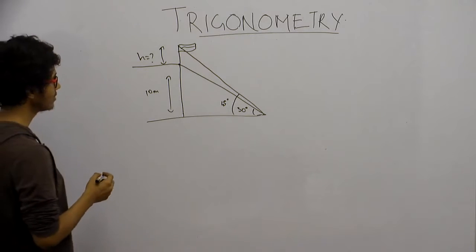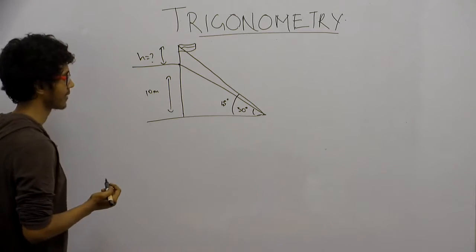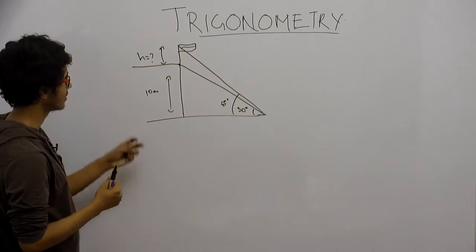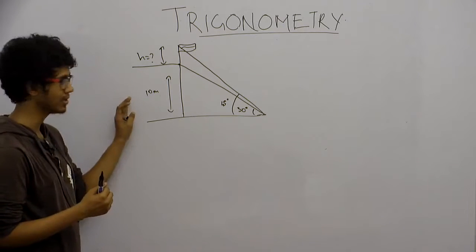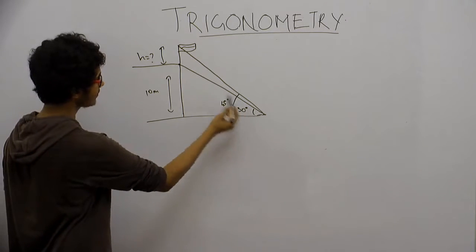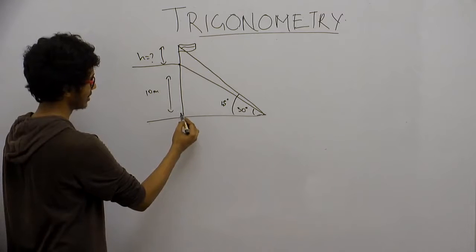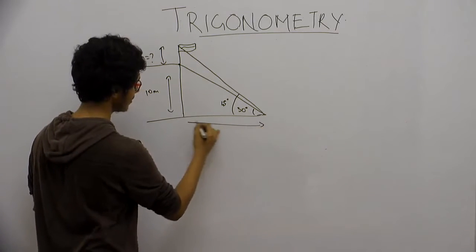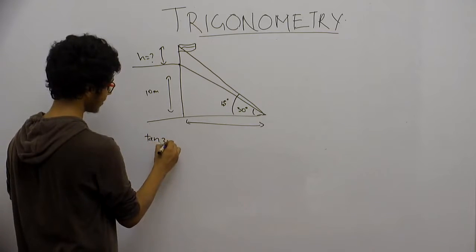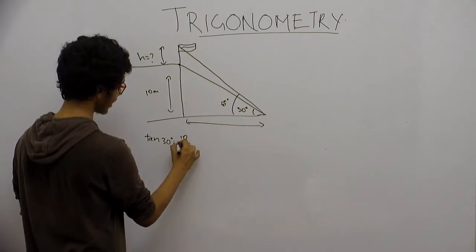Now how do we proceed? See, in this sort of problem, we take into account what's given to us and proceed from there. First, we have the smaller angle 30 degree and the height of the building 10 meters. So we can find out the base length. How do we do that? We know tan 30 degree equals 10 by x.